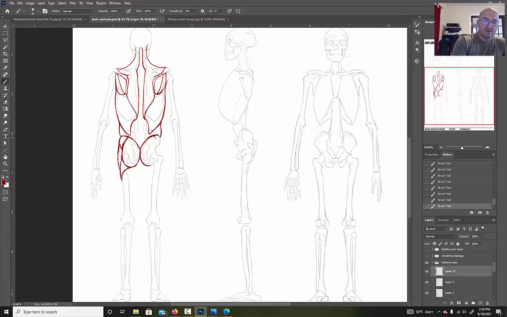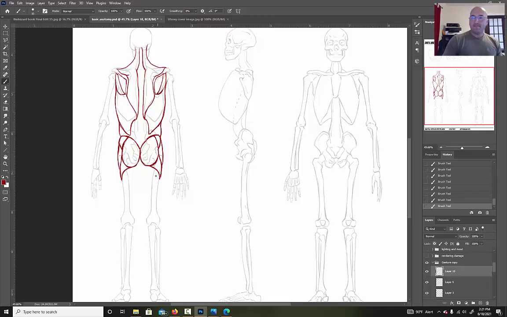Again, we'll hit the gluteus maximus, the gluteus minimus, hip flexor, and the gluteus maximus fascial connection, fascia and ligament to the femur bone.